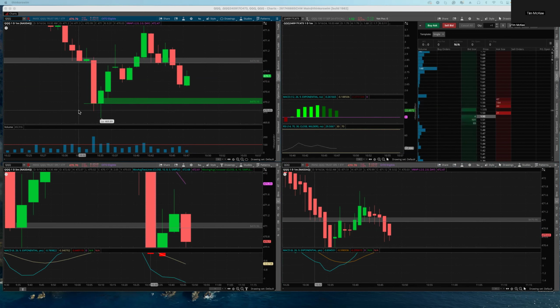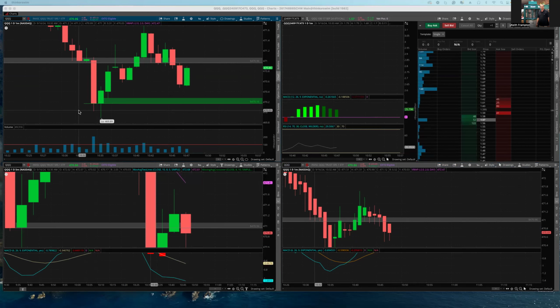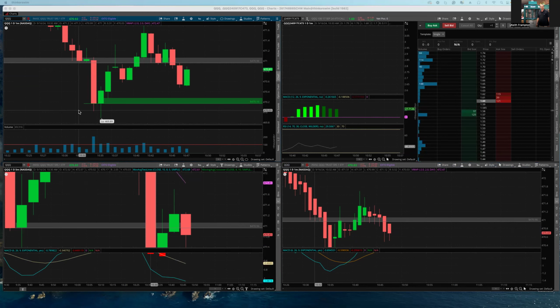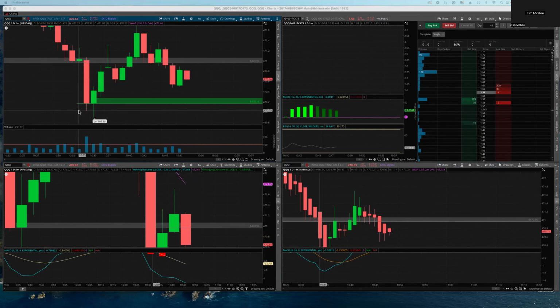You'll notice that price tends to return to zones and bounce off of zones throughout the day as well. And as Tim has mentioned before, a lot of times stop orders accumulate around the zones, which also causes hesitation going through, and the market maker will take out those stops.